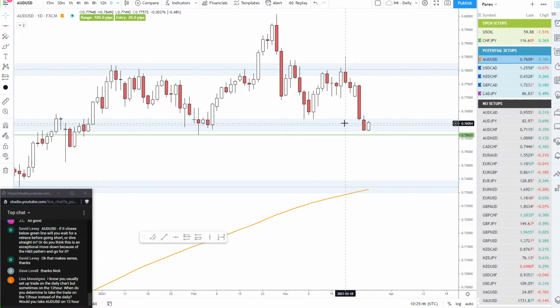Lisa, I almost always just go for the daily. There's no trick to determining what time frame you should enter. It just depends on how much risk you're willing to take, because the lower the time frame, the higher the risk. The higher the time frame, the lower the risk.